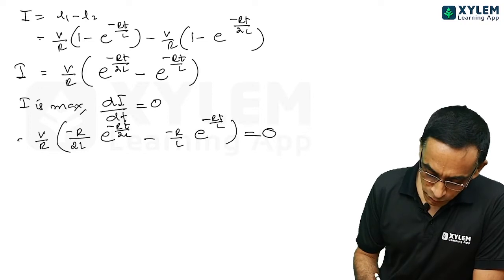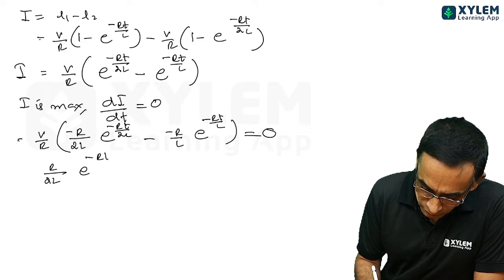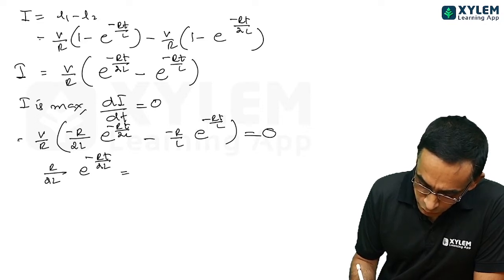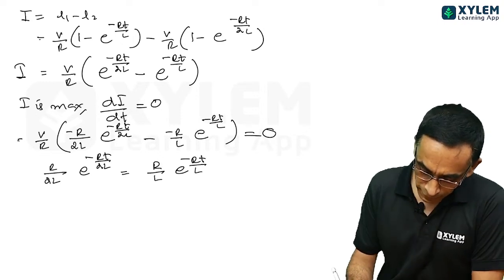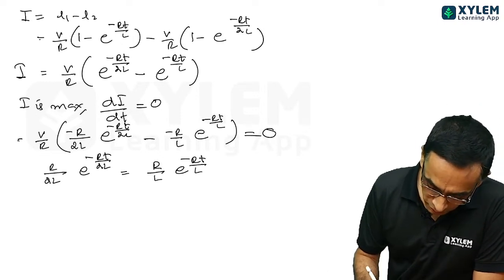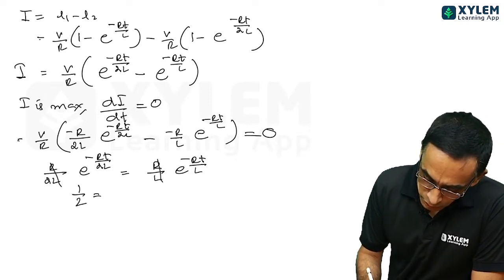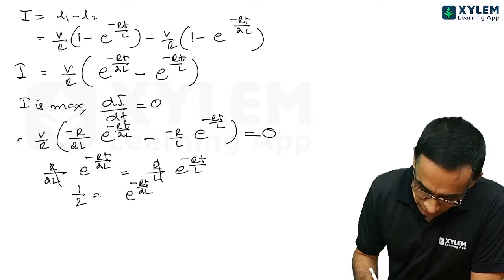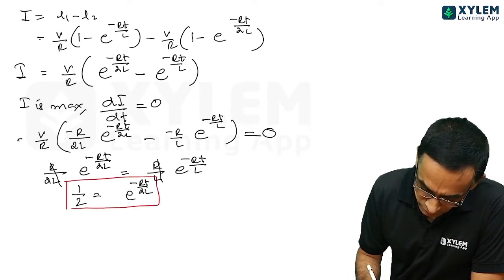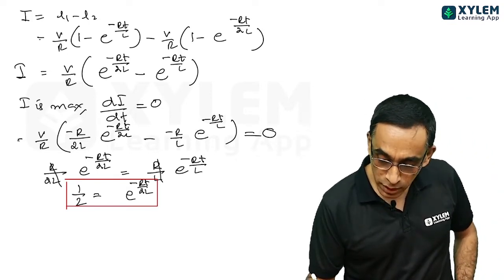When you equate that to 0, you get R by 2L e raised to minus RT by 2L is equal to R by L e raised to minus RT by L. You can see R and L cancel. So this gives 1 by 2 equal to, if you take this term to the other side and simplify, e raised to minus RT divided by 2L. So that is the equation we are getting: e raised to minus RT by 2L equal to 1 by 2.